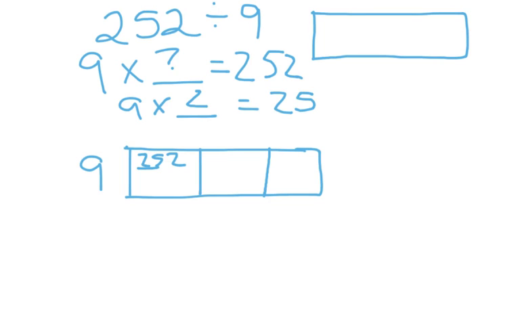Well, this isn't just a 25, though. It's a 252. But if we look at it, we can't multiply 9 times any number in the hundreds spot to get close to 252, because the smallest number, if we're going to multiply it by a number in the hundreds spot, the smallest one we could do, let me go back.